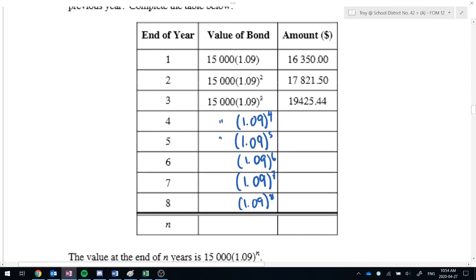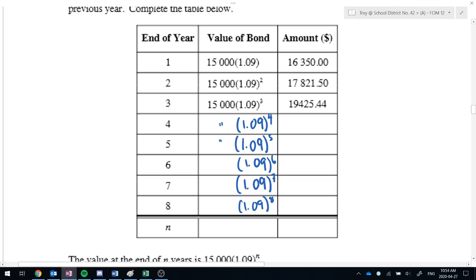Okay, so we can go ahead and calculate this if we want to. So I'll do 1.09 to the power of 4 times 15,000.